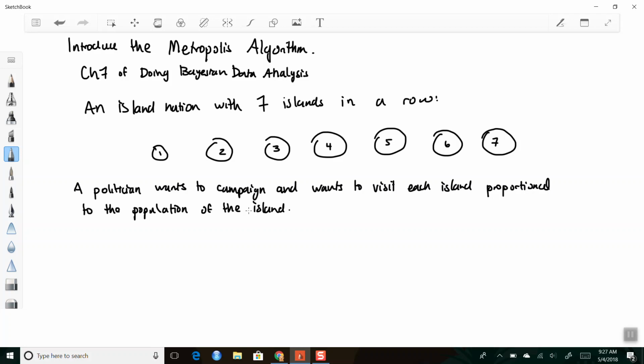Now, we're going to say the politician cannot, for whatever reason, find the populations of all the islands all at the same time, okay? So the politician does not know the population of all the islands.